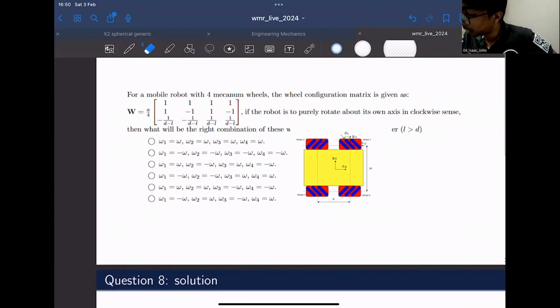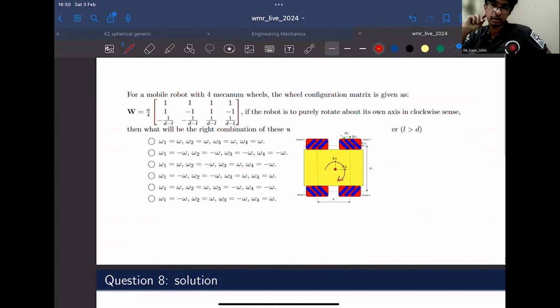So that means it has to rotate about this point in the clockwise sense. Pure rotation. So how will you solve that? We also know that zeta is W times omega. And if the robot is purely rotating, then how will zeta look like?